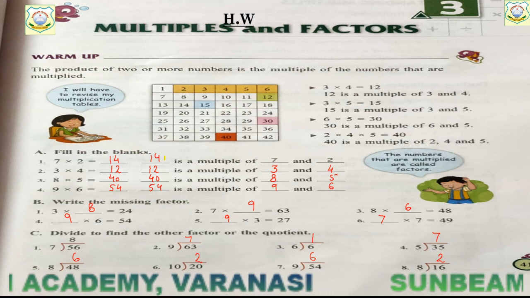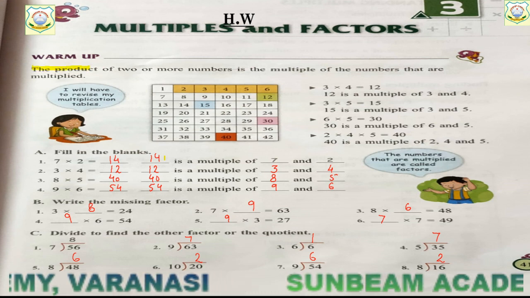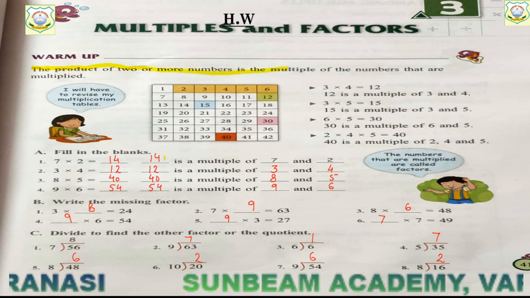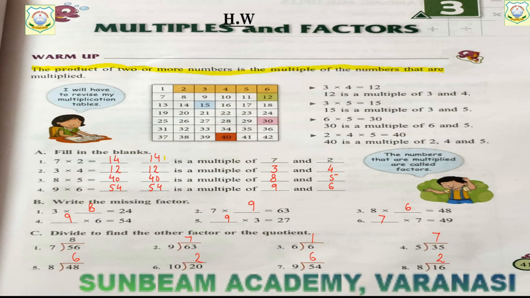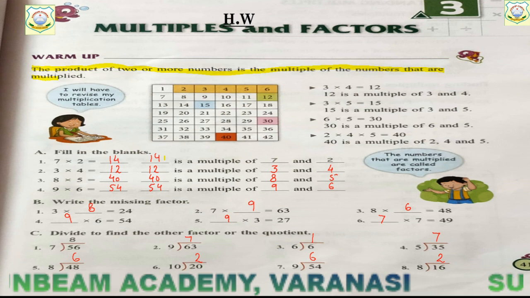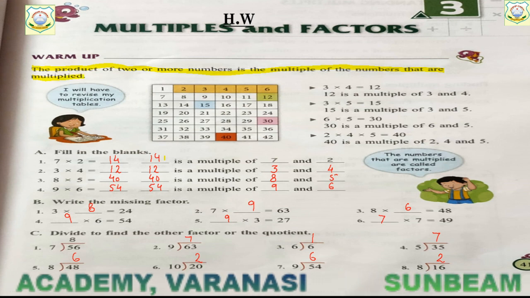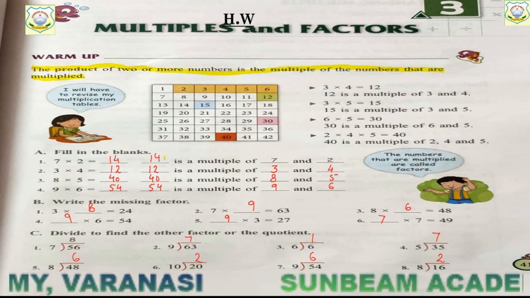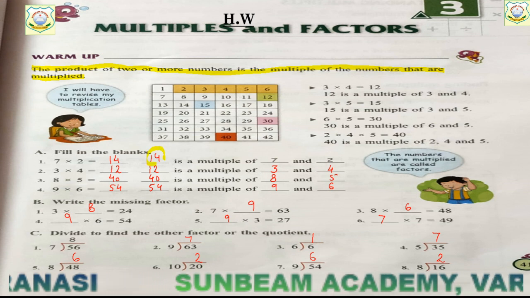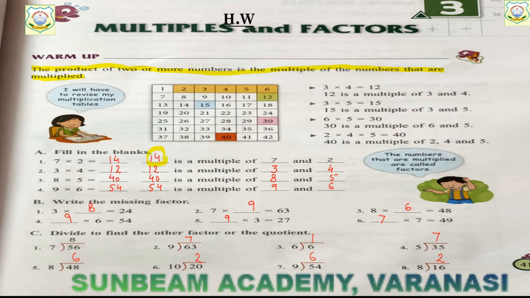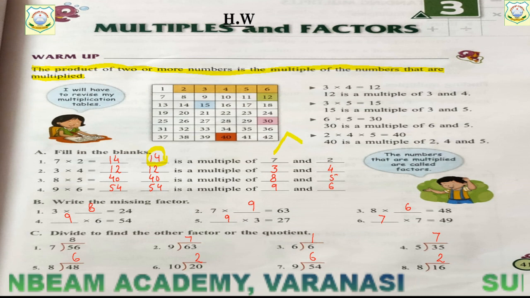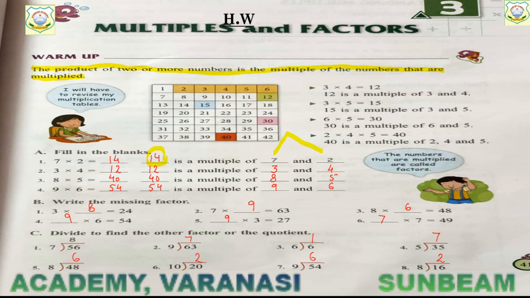Now you can see here, the product of two or more numbers is a multiple of the numbers that are multiplied. So here 14 is a multiple of 7 and 2. So what are they? They are the factors, right?